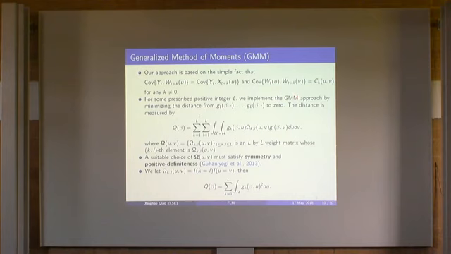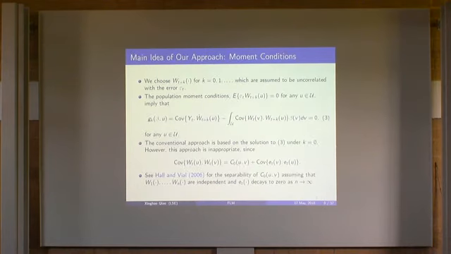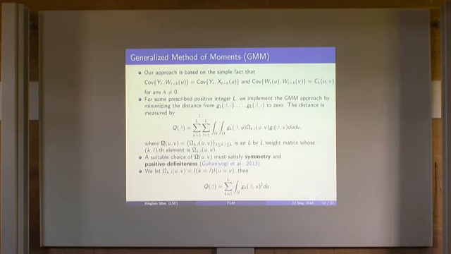And so we implement the GMM approach. Based on our moment condition and these two simple facts, we want to minimize the distance of the L different moment conditions to 0. And the distance is measured by this quadratic form.